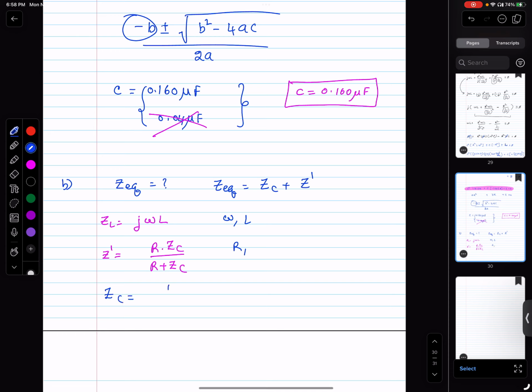ZC equals 1 over J omega C. So you plug in those values and find ZL plus Z prime, which gives you the equivalent. Once you do that, you will see that Z equivalent magically turns out to be 2500 ohms.